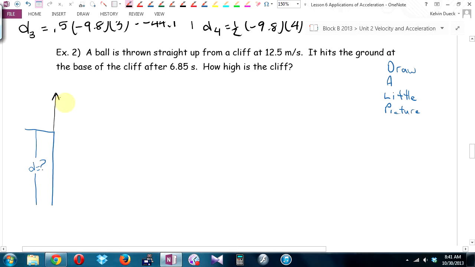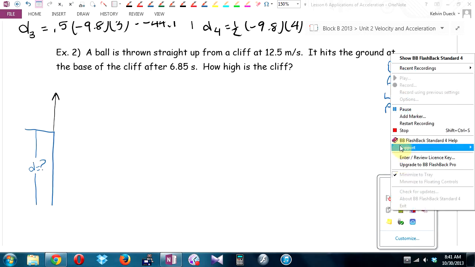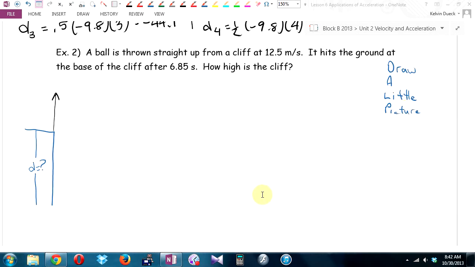with what kind of a velocity? Hey, what's our launch velocity? What does this question say? And up, so I drew an arrow pointing up just to help me. So next to this arrow, I'll put a little 12.5 meters per second.